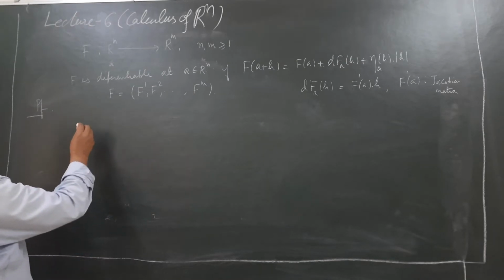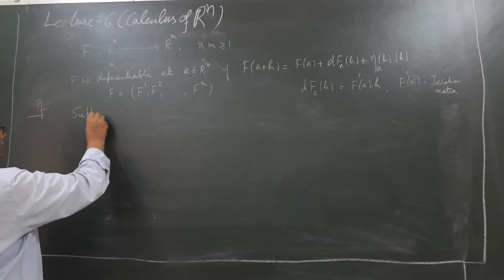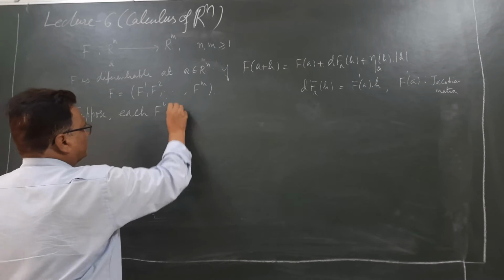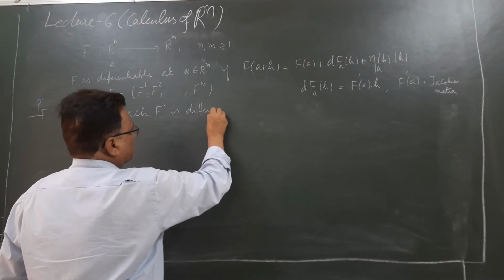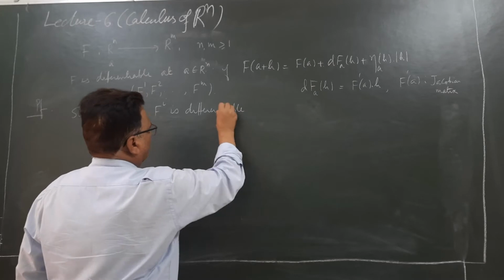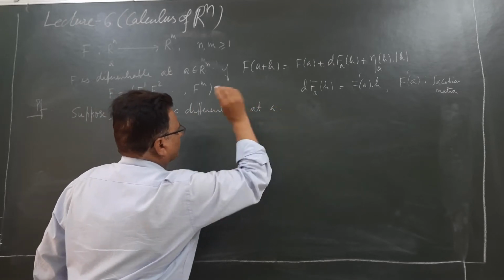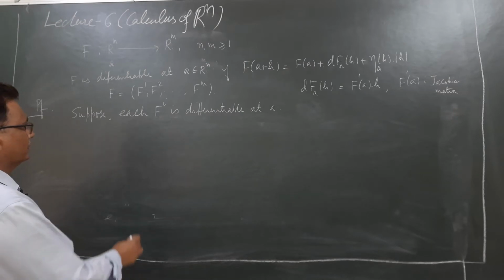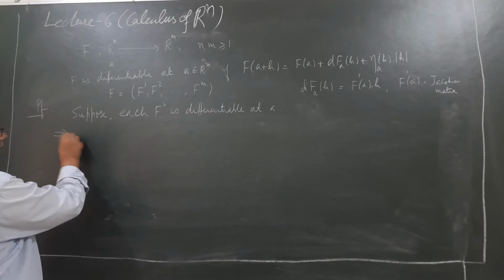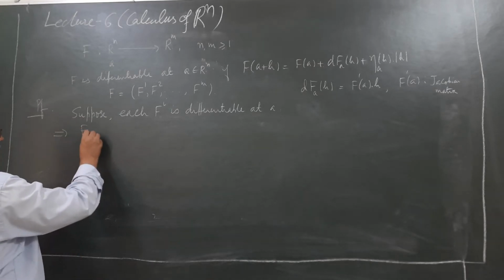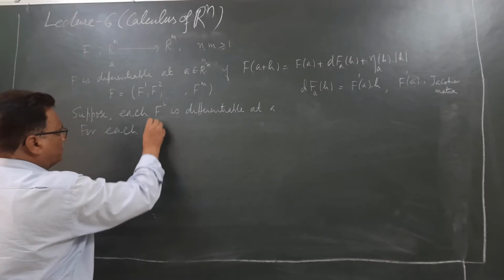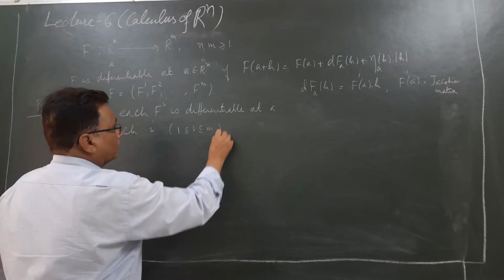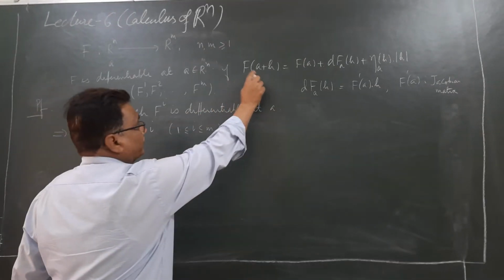Definition you already know. So suppose first each fi is differentiable at a, where a is a point in Rn. So what will happen? This means for each i lying between 1 and m, this Taylor series is available to me.